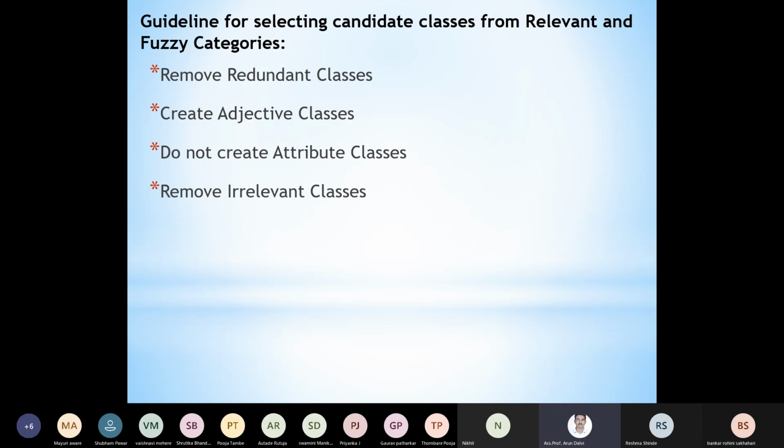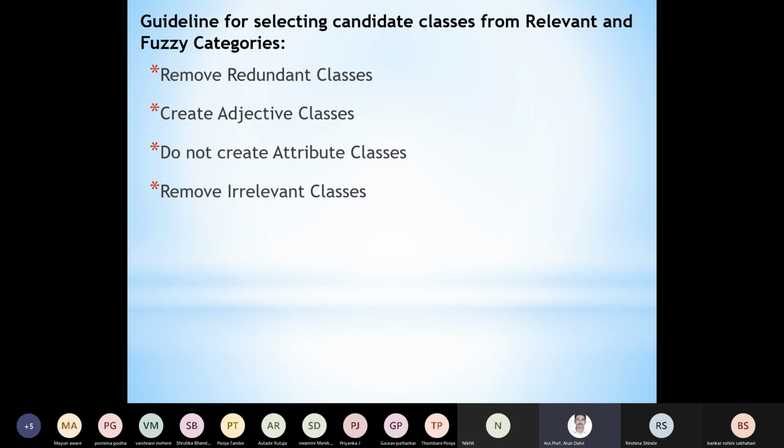There are some guidelines for selecting candidate classes from relevant and fuzzy categories. From the three categories, relevant, irrelevant and fuzzy classes, we select candidate classes from relevant and fuzzy categories, because the second category is irrelevant classes. If a class is irrelevant, there is no use of it, so we have to skip or remove that class.